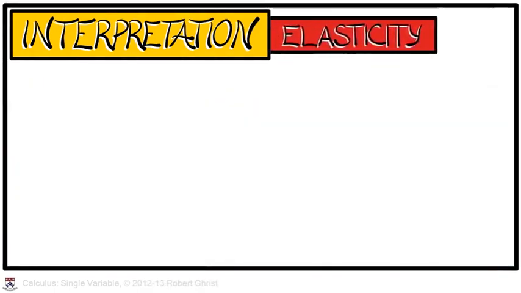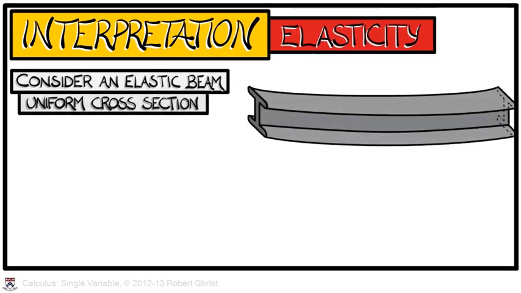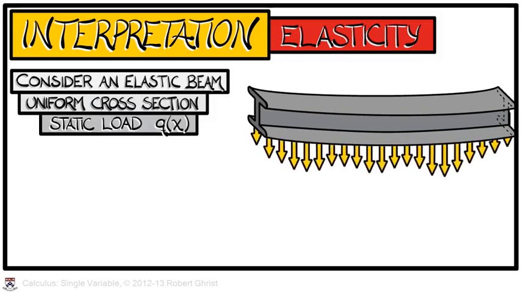Yet another physical interpretation of higher derivatives comes in the subject of elasticity. Consider a deformable beam with a uniform cross-section and some static load, a weight that is applied that may vary with position x along the beam.